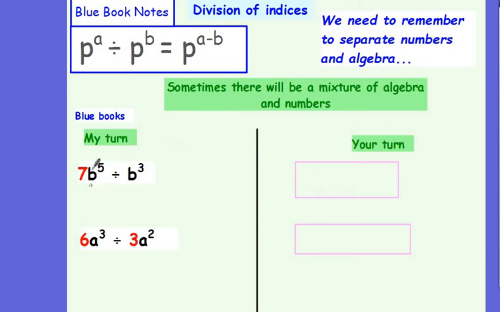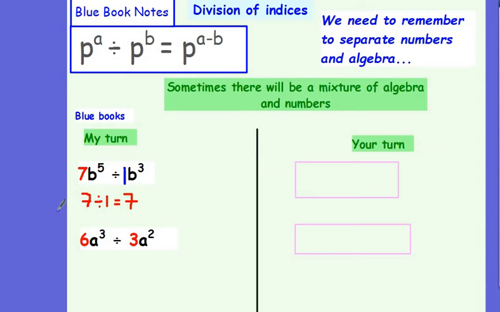I've got 7b to the power of 5 divided by b to the power of 3. To make my life a little bit easier, I'm just going to pretend there's a 1 in here, because 1b to the power of 3 is the same as b to the power of 3. So looking at my numbers, I've got 7 divided by 1, which just gives me 7.